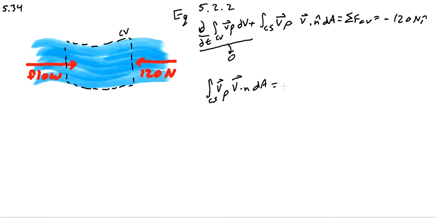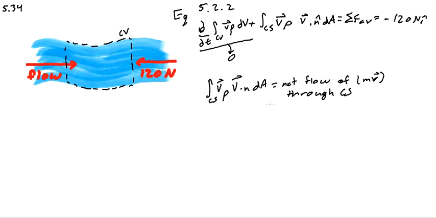This is the net flow of linear momentum. Just to abbreviate, I'll call it MV because that's usually how it's represented. Linear momentum through the control surface.